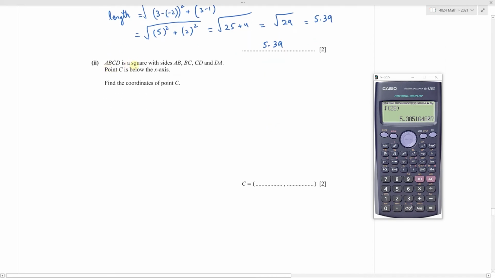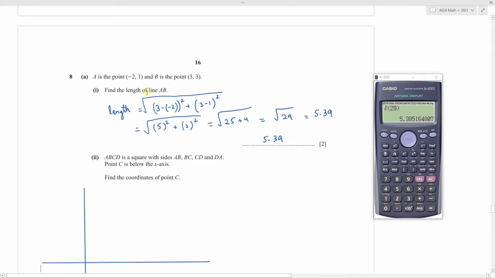Part 2 is ABCD is a square with sides AB, BC, CD, and DA. Point C is below the x-axis. Find the coordinates of point C. So let me quickly draw the axis to help you visualize this problem. You can do that as well in your paper.